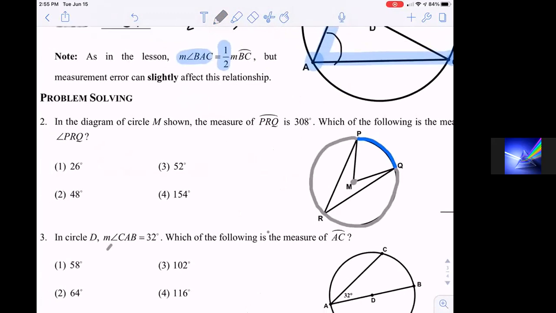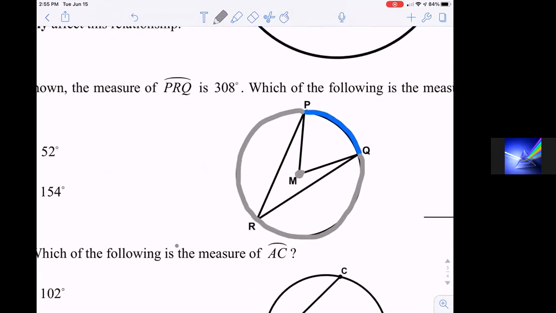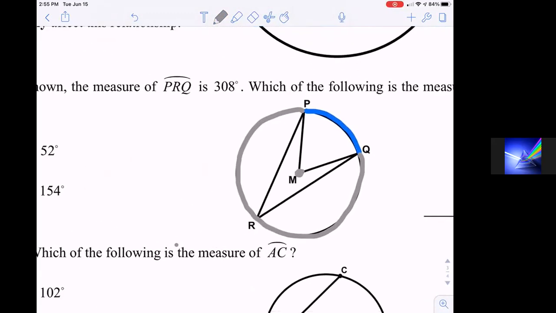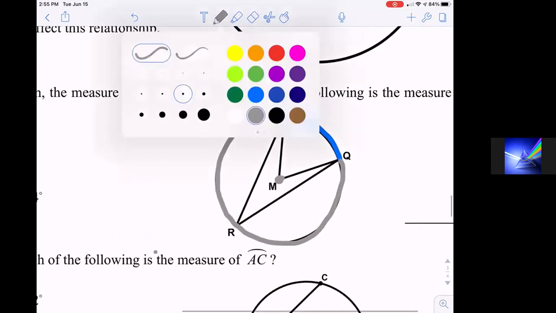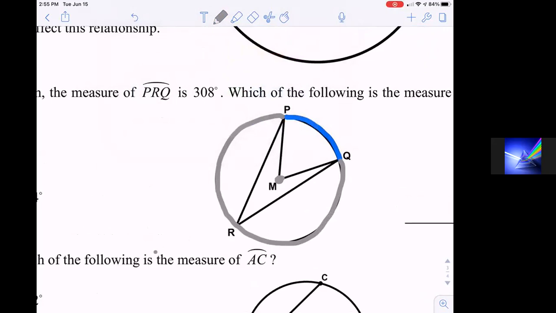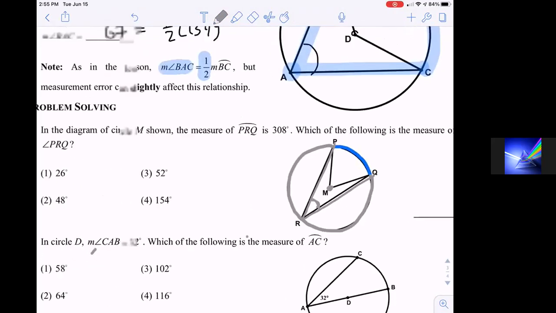Now, what that means about PQ, the blue arc, is that it would be 360 minus that. What we want to know is this angle right here, which is PRQ. So we want to know what that angle is.